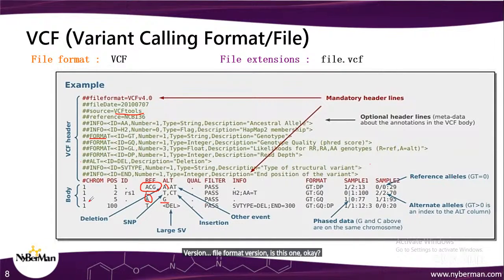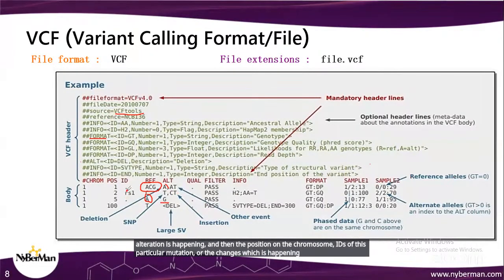Okay, and then we have the body, which will be in tabular format, with different columns. First will be the chromosome on which this particular alteration is happening, then the position on the chromosome, and the ID of this particular mutation or change.